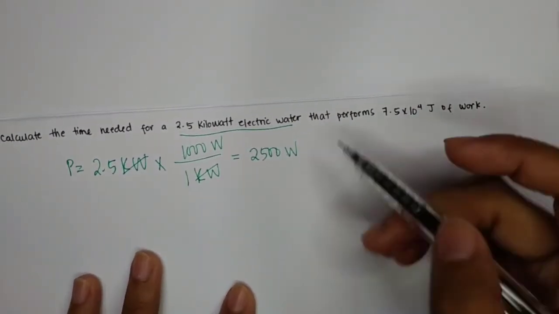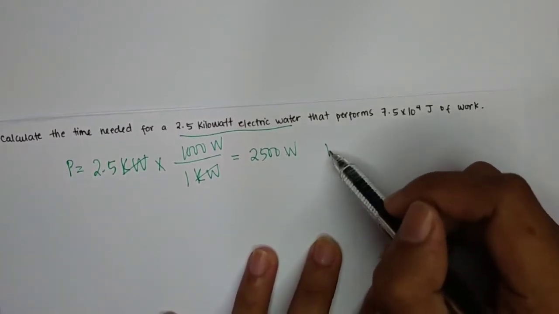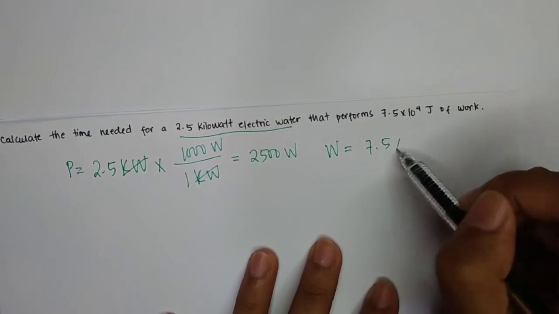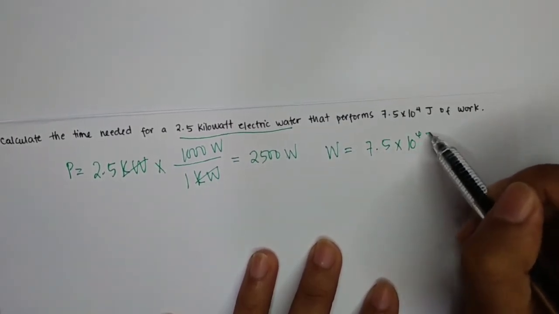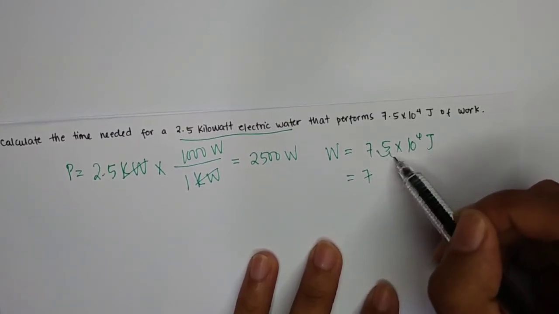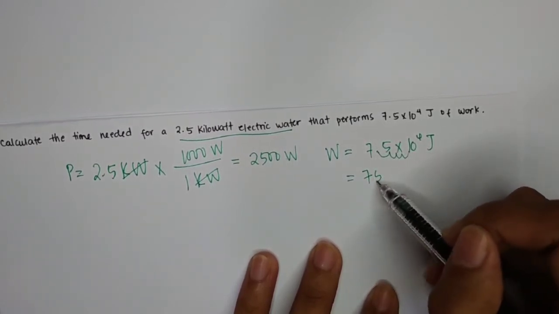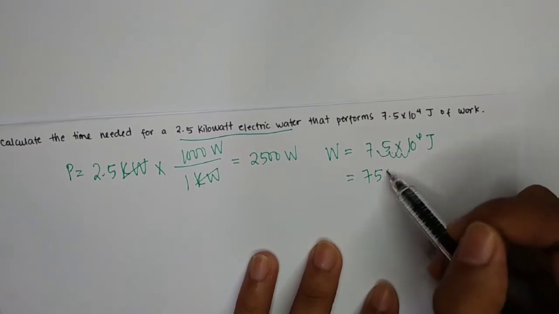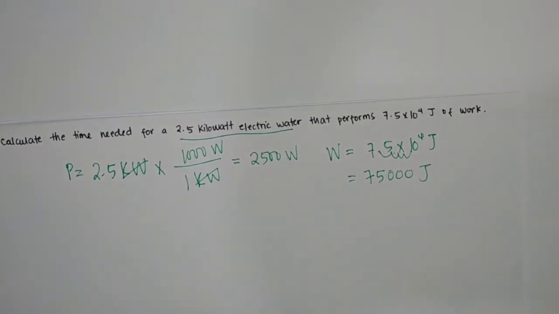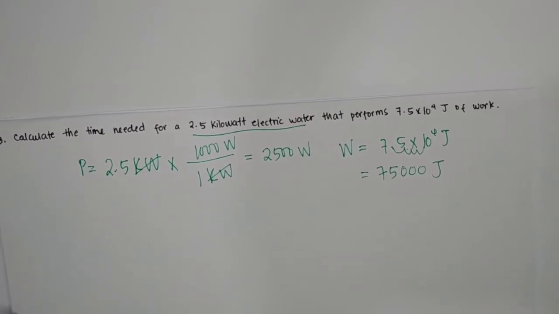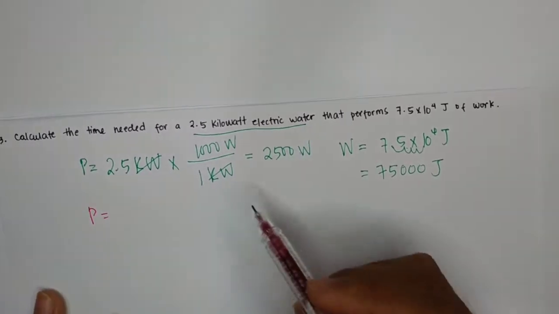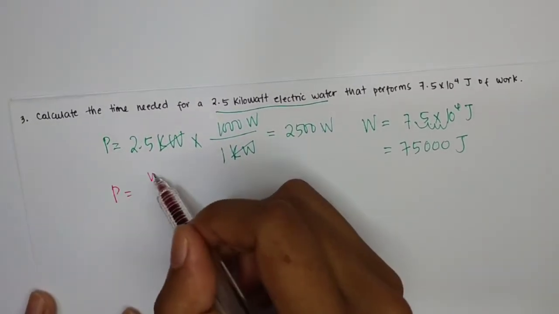Then our given work done is 7.5 times 10 raised to the power of 4 joules. We move the decimal 4 places, so that is 75,000 joules. Let's go back to the formula: power is equal to work over time.